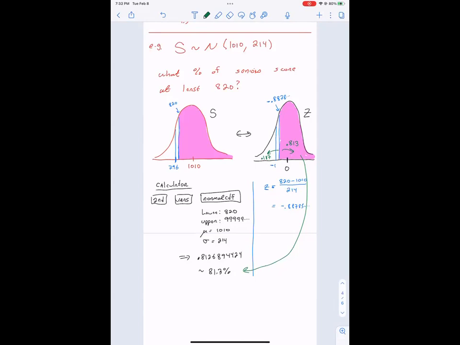Exactly that. So you gotta fill in lower, upper, mean, and sigma with commas in between. You gotta do that manually. You gotta put in normal CDF and then put in 820, comma, a bunch of nines, comma, 1010, comma, 214, and then hit enter, and it will give you the same value. It's just not as user friendly as the TI-84.